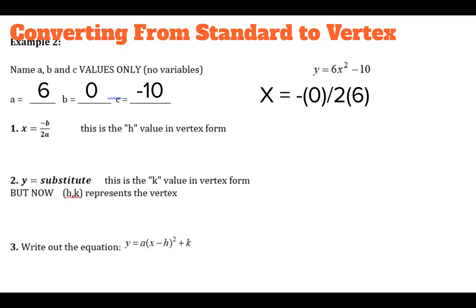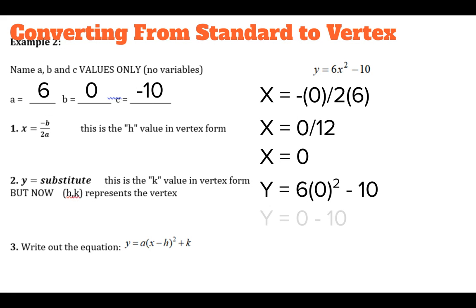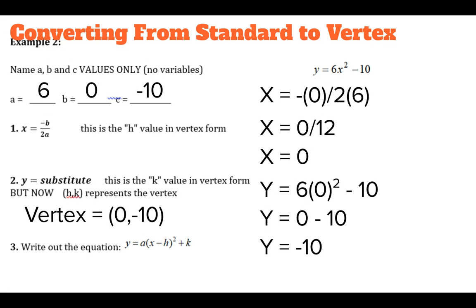So negative 0, divided by 2 times 6. That's 0 over 12, so x is 0. I then plug it in, and I get y is negative 10. So my vertex is 0, negative 10. When I plug this into my vertex form, you'll notice that it's x minus 0, and we never write it like that.